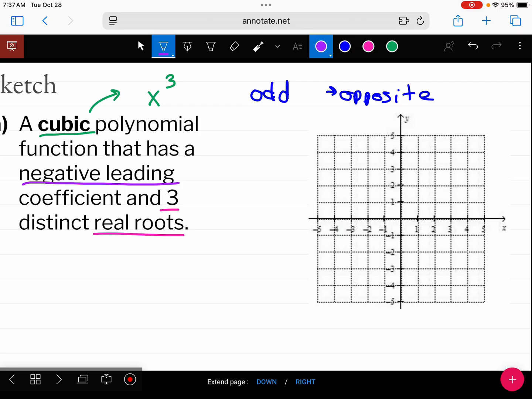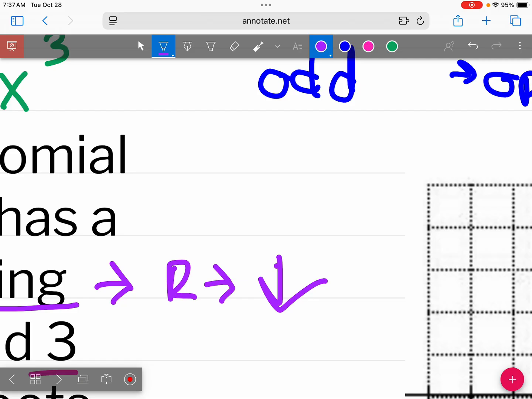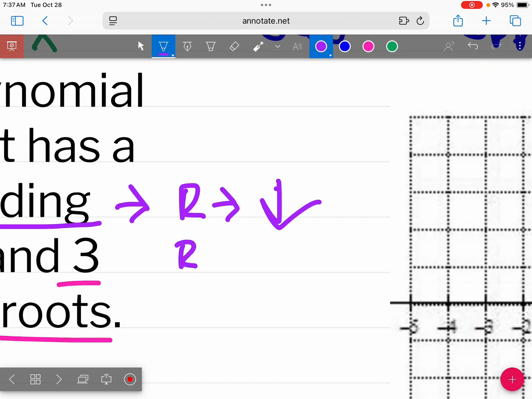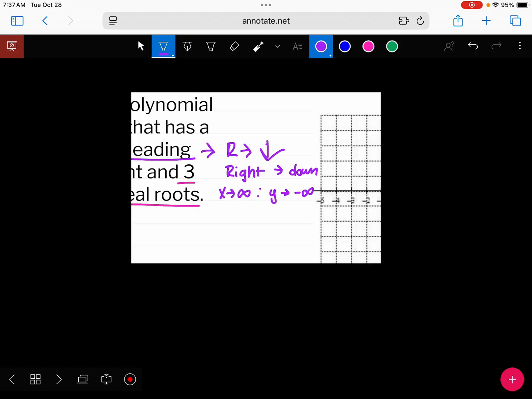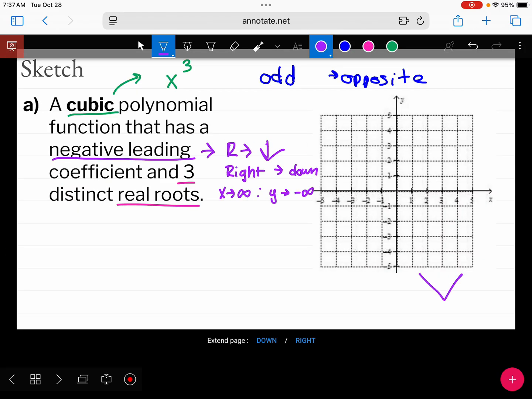Down or up? Down. Because we know our negative leading coefficient. So our right arrow is going to go down. Which I just wrote with the fewest amount of words possible. Our right arrow is going to go down. Or you could put that as, our x approaches infinity. Oh, snap. Y is going to approach negative infinity. So I know somewhere over here we're going to have a down arrow.